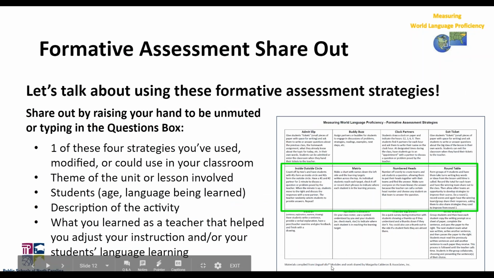Our next slide is to ask you again to share out about these 4. So just for these 4, inside-outside circle, matrix, numbered heads, and round table, go ahead and share how you've used that. And once again, if you want to raise your hand to share out, I will be looking for raised hands.